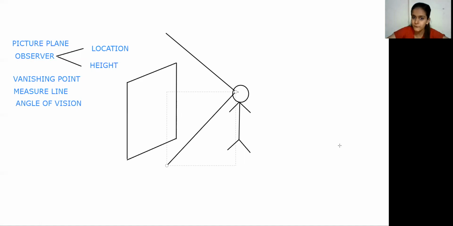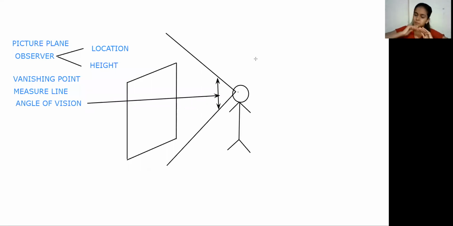Consider these two lines from our eyes: the topmost portion that we can see and the bottommost portion that we can see. We need to consider the angle between these two lines, and this angle is known as the angle of vision.